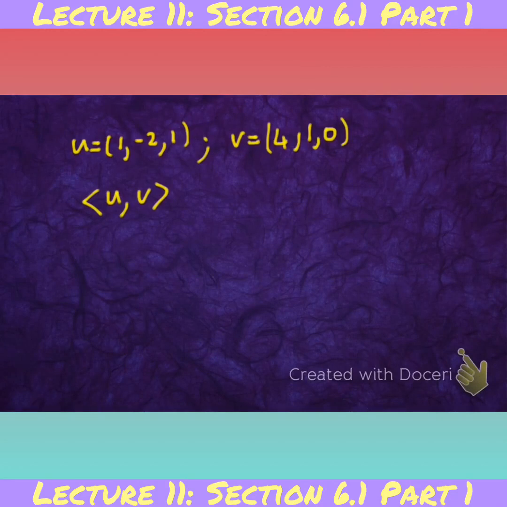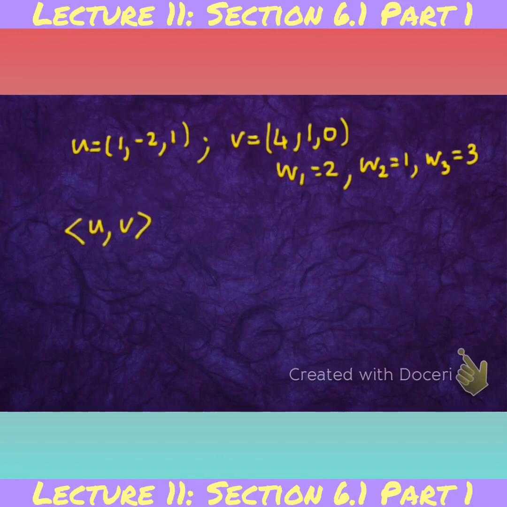Remember, the weights that we were given were w1, w2, and w3 respectively, where w1 is 2, w2 is 1, and w3 is 3. So introducing those weights, the inner product of u with v is going to be 2, that's my weight there.